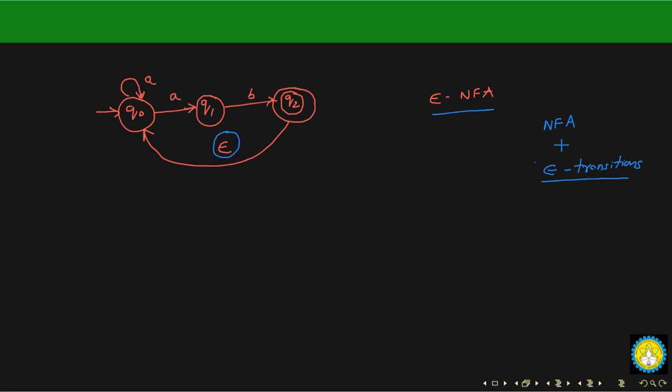That's the only thing that we need to do differently from the mathematical definition of an NFA. So the mathematical definition of an epsilon NFA is very similar to that of an NFA. The only additional thing we need to take care of is that epsilon transitions are also defined. So let's look at how it can be defined.